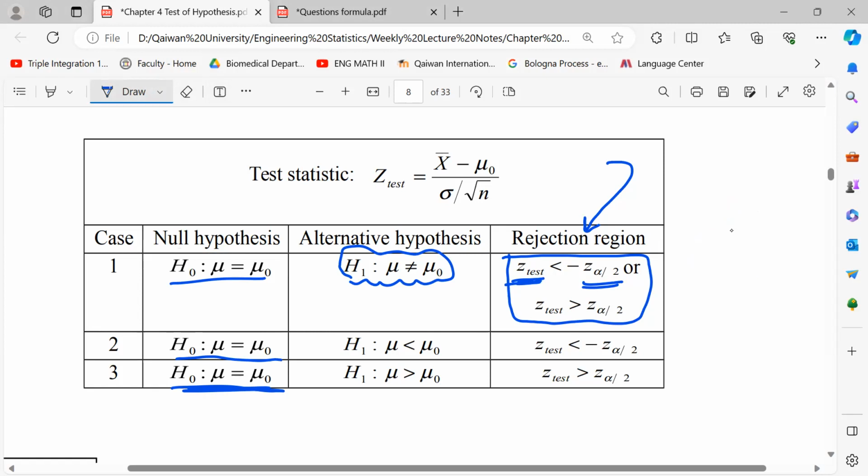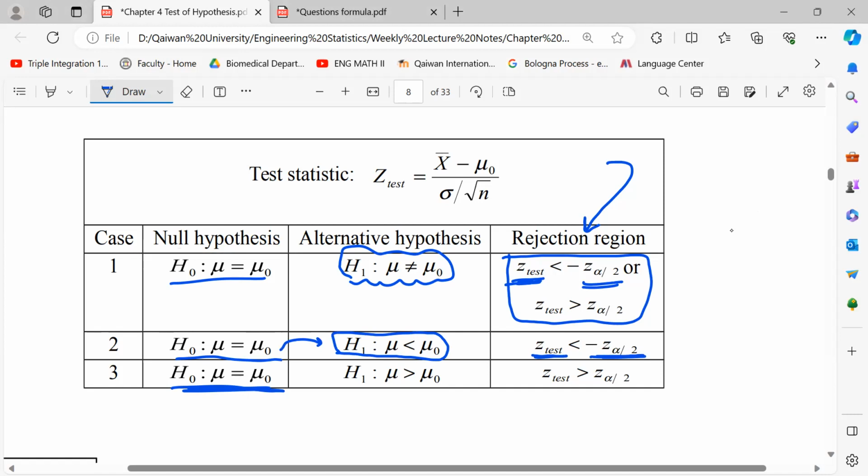In the second case, if H1 is the case that mu is less than mu naught, we say if Z test is less than minus Z of alpha over 2, we reject H0.